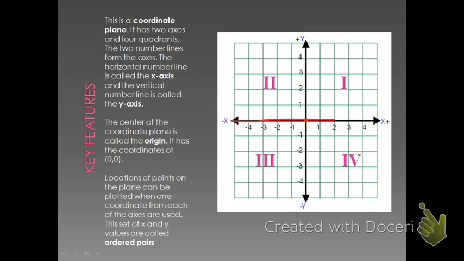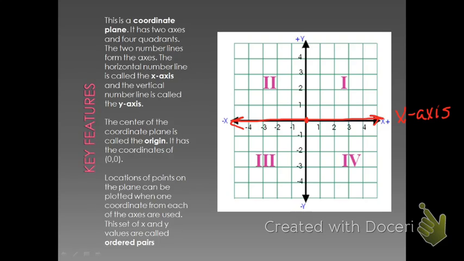The horizontal line here separates the plane into an upper and lower half. Its values from the origin, or the center right here, to the right are all positive numbers, and to the left are negative numbers. This line that divides the plane is called the x-axis.